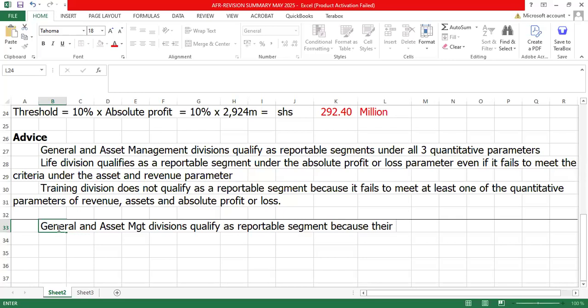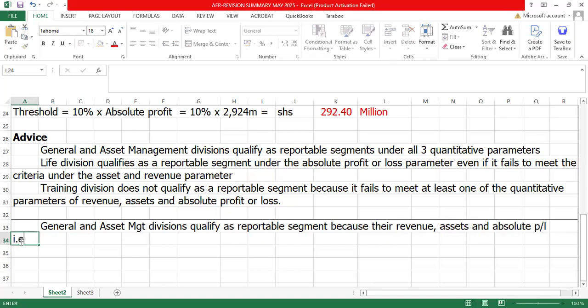We start with revenue, assets, and absolute profit or loss.